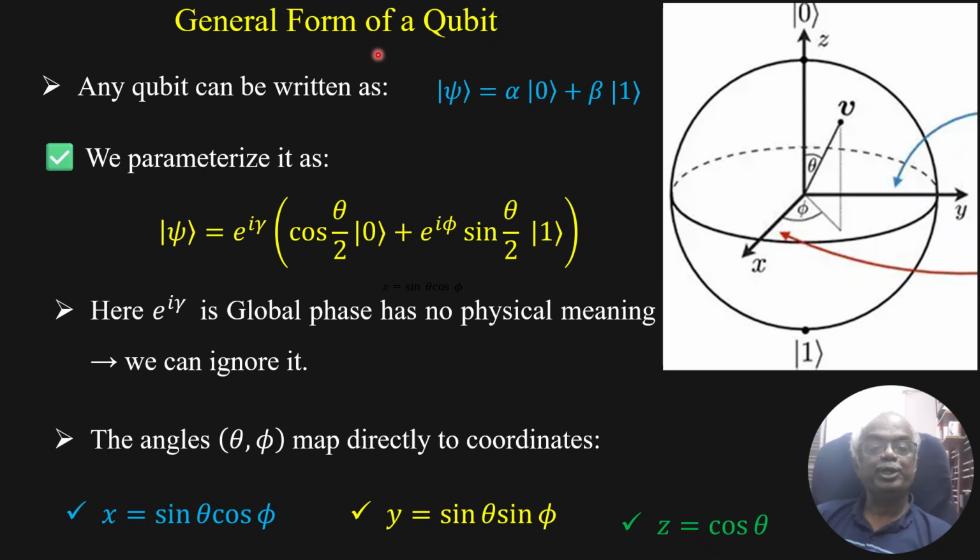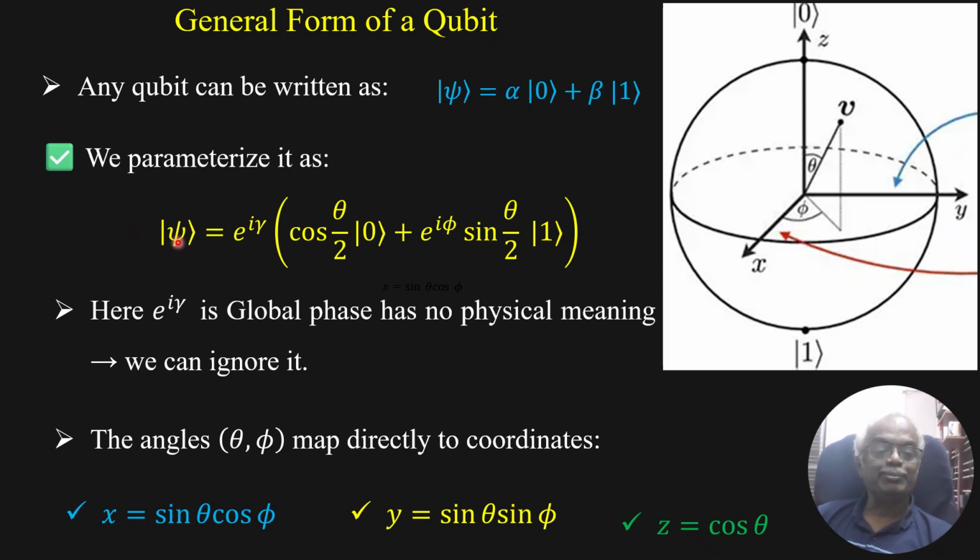The general form of a qubit: any qubit can be written as |ψ⟩ is equal to α times |0⟩ plus β times |1⟩. We parameterize this as |ψ⟩ is equal to e^(iγ) (cos(θ/2)|0⟩ + e^(iφ) sin(θ/2)|1⟩).